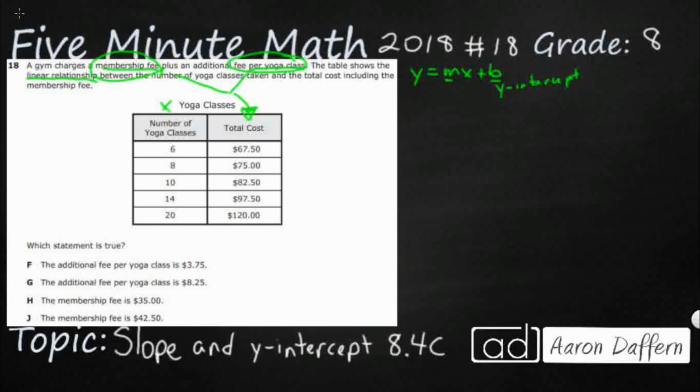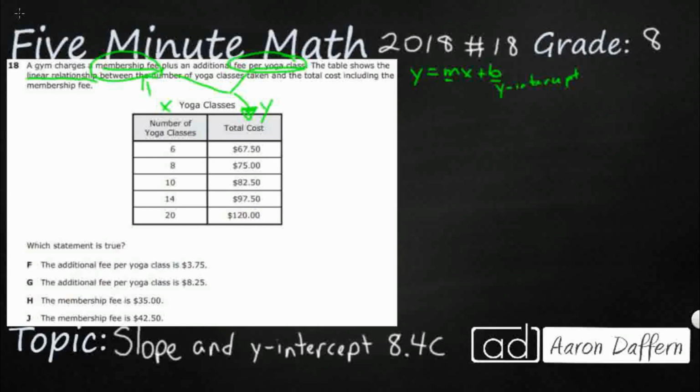I'm going to say my number of yoga classes is going to be x, right? And my y is going to be my total cost. And so if I've got 0 yoga classes, what's my total cost? Well, if I'm not paying any additional fee per yoga class, I'm still going to have a cost. If my x is 0, I've got 0 yoga classes.